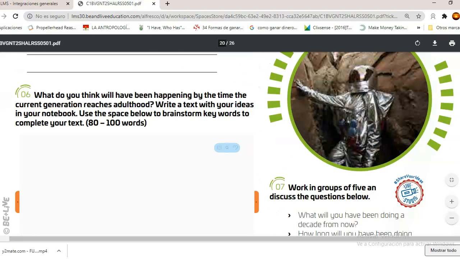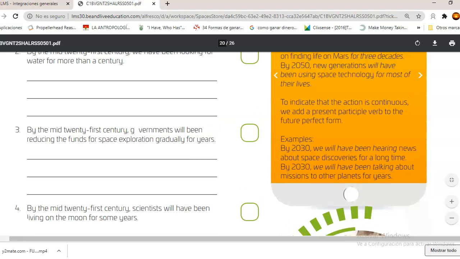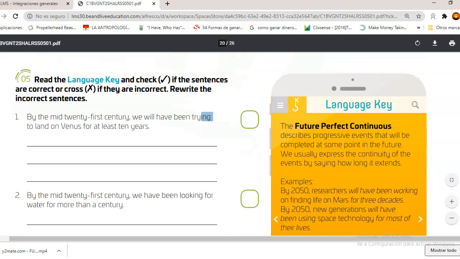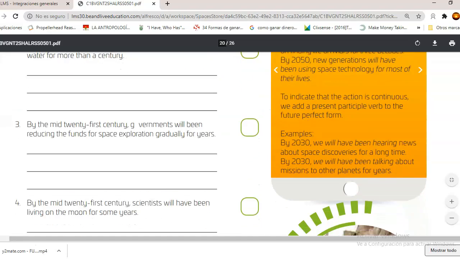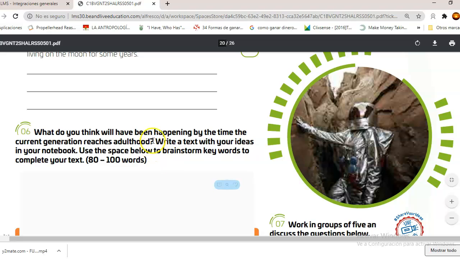Now on exercise 6, as you can see, all you have to do is read again the language key so it can help you. And it says, what do you think will have been happening by the time the current generations reached adulthood?